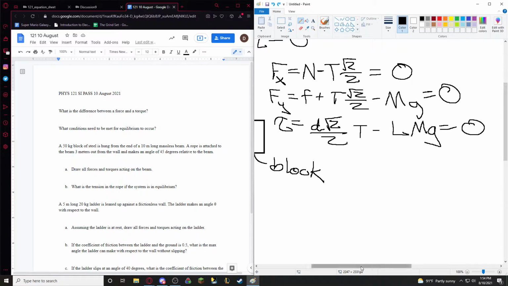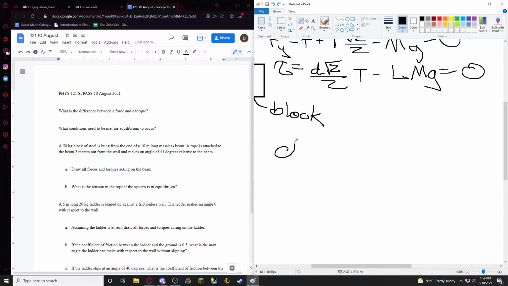We could start off with the torque of the tension force, so we would just plug things in. Or first we would move the block to the other side, and then plug things in. So root 2 over 2 dT is equal to LMg.